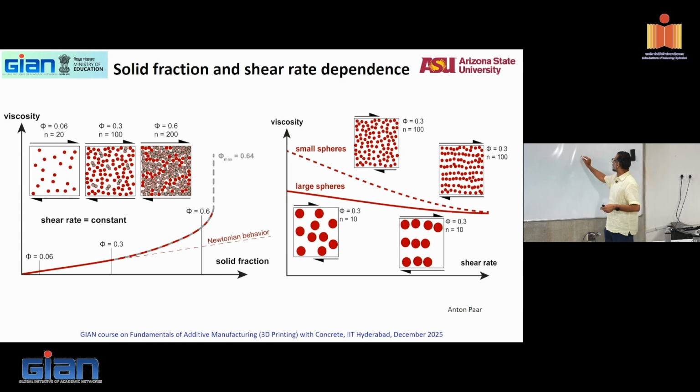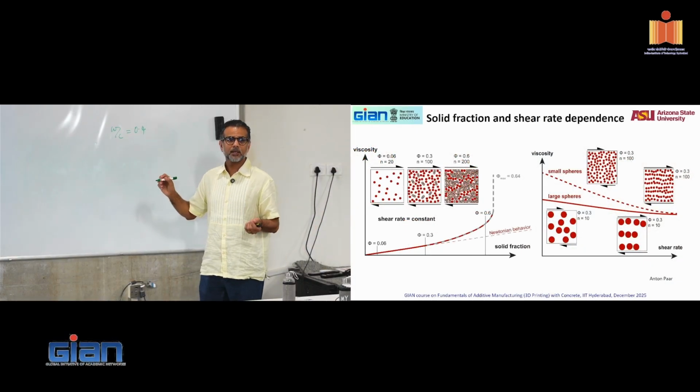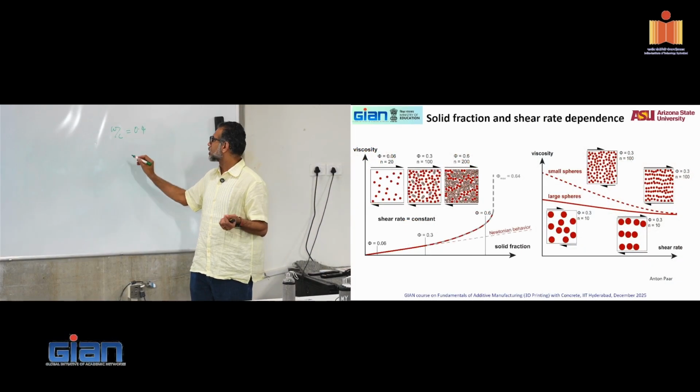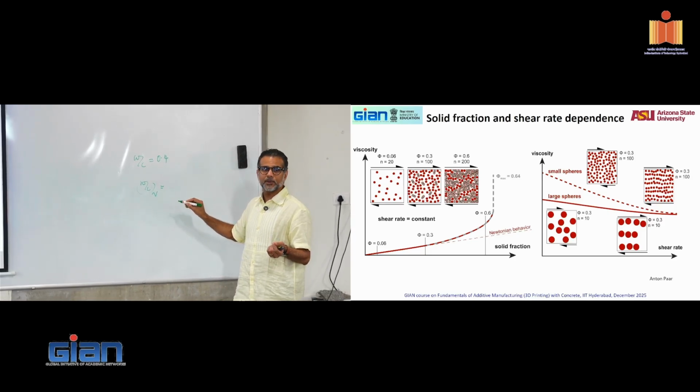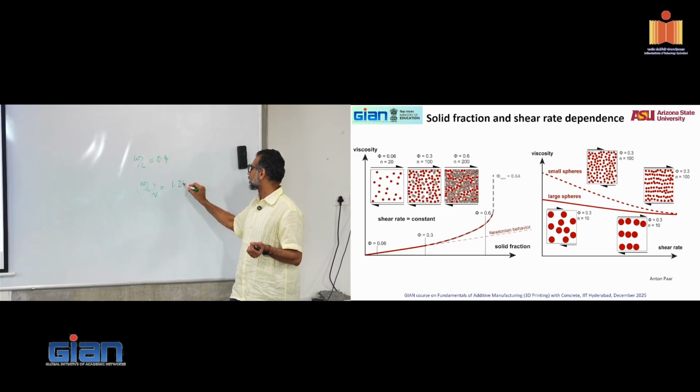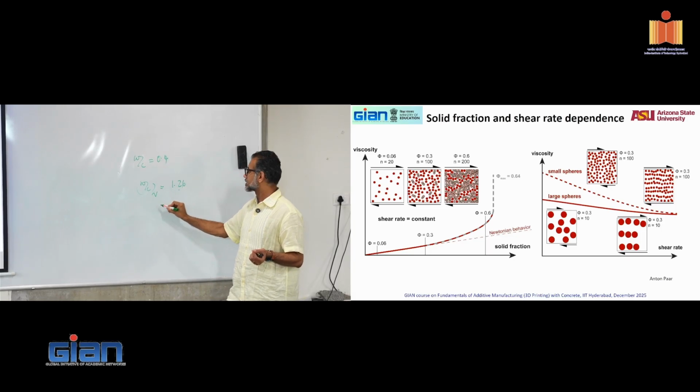So if I have a water cement ratio of 0.4 by mass, that's what we always do, right? Specific gravity of cement is what? 3.15. So water to cement by volume, this would be 0.4 times 3.15. That's roughly 1.26 or something. This is water to cement by volume of 1.26.